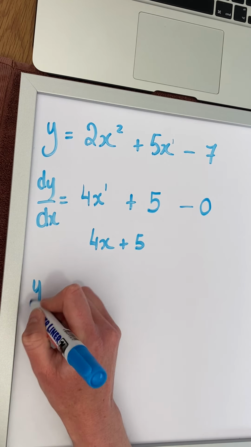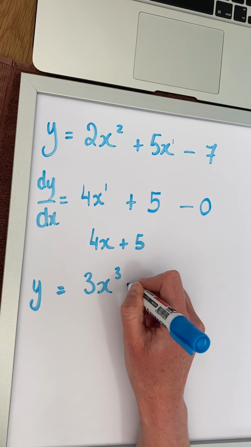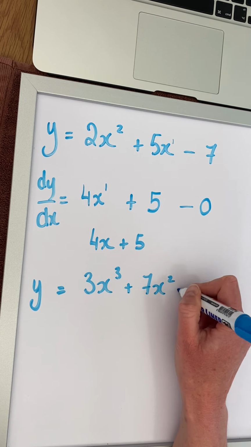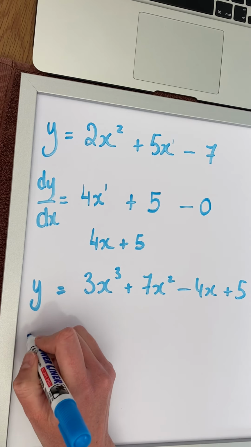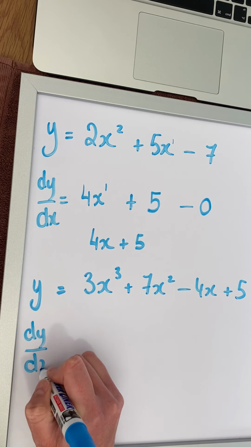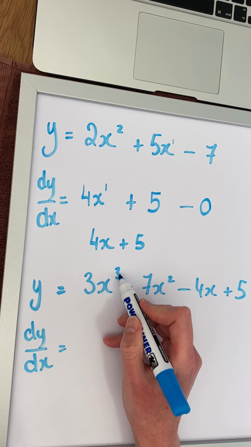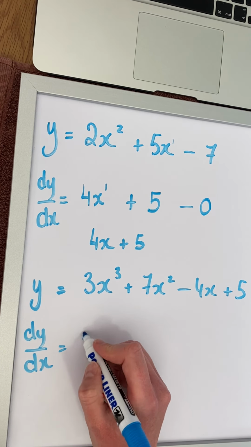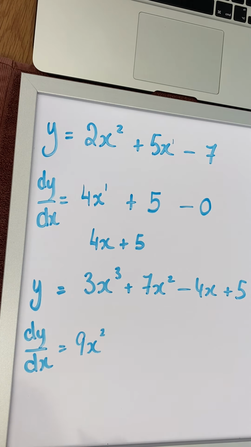Let's try another one. If we have y is equal to 3x cubed plus 7x squared minus 4x plus 5, let's look at differentiating this. Again, we take it one step at a time. So if we're looking at the 3x cubed, 3 times 3 is 9, that's 9x, and reduce the power by 1, so that's 9x squared.